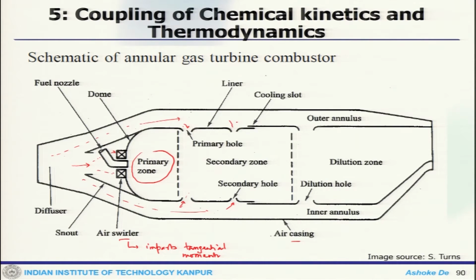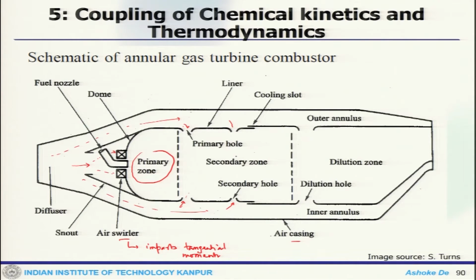Now, the secondary air, when it comes through, also takes part in the secondary zone combustion. So, whatever comes out from this side will also react with the excess air. There are two purposes of having the secondary injection.